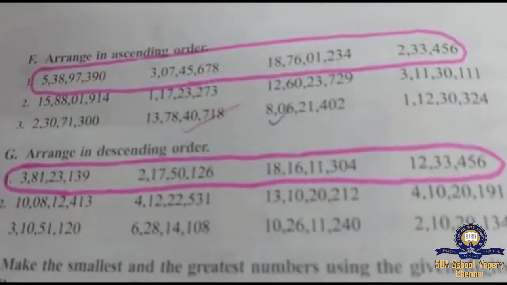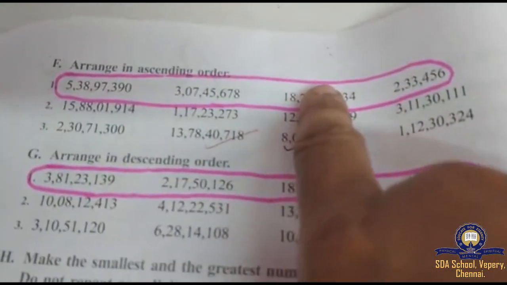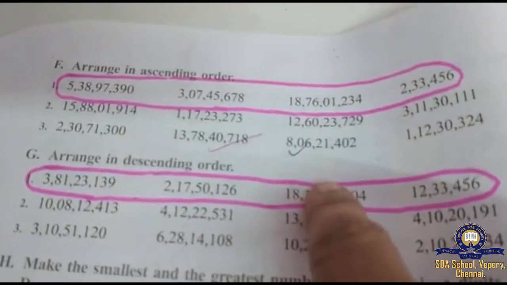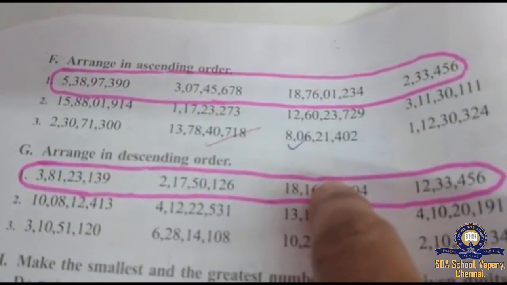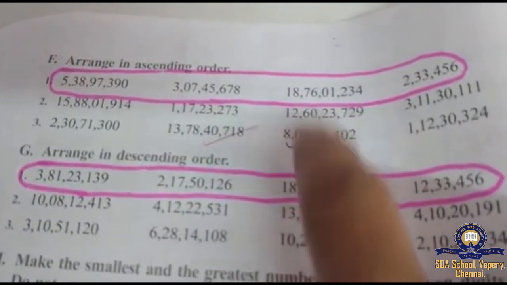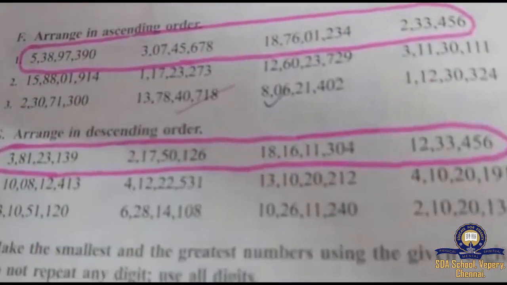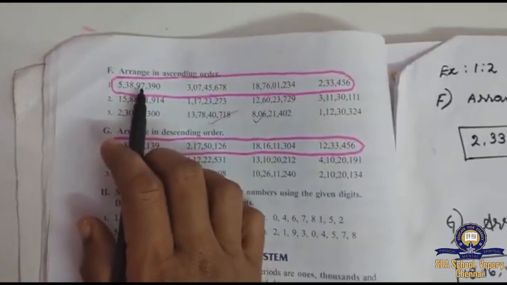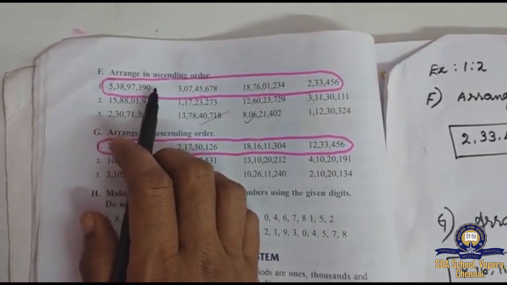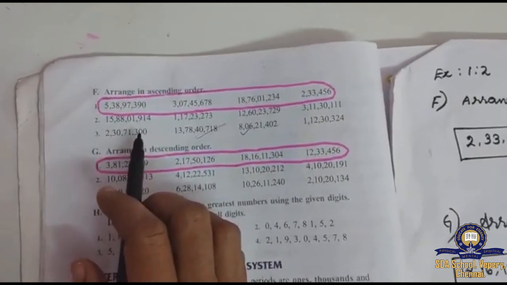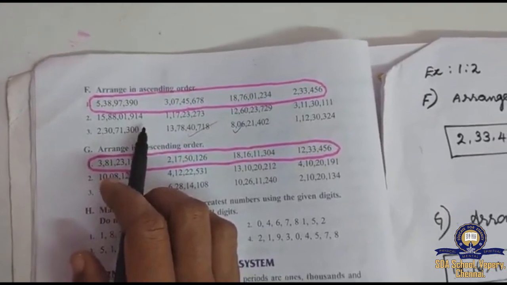So I want you to do number 1 in this and another one in this. I will also show you another example. This is example 1 I'll do for you, and the other 2 you do as your homework.